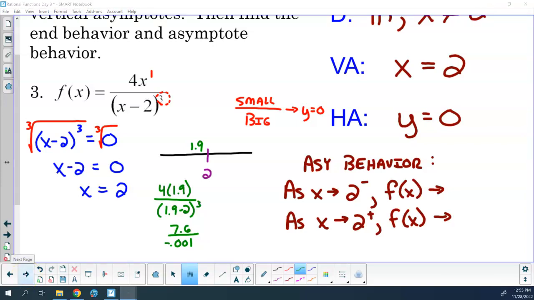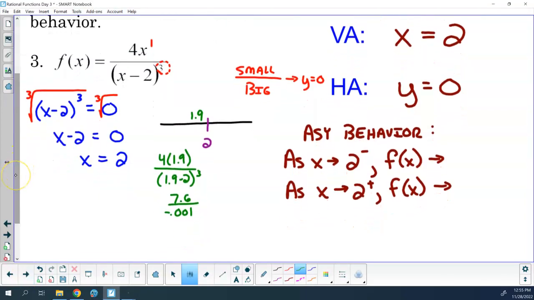So as I get closer and closer to 2, the number down here is going to be smaller and smaller, but always negative. So I got a positive number divided by a really small negative number. That's going to go to negative infinity on the left side of 2.